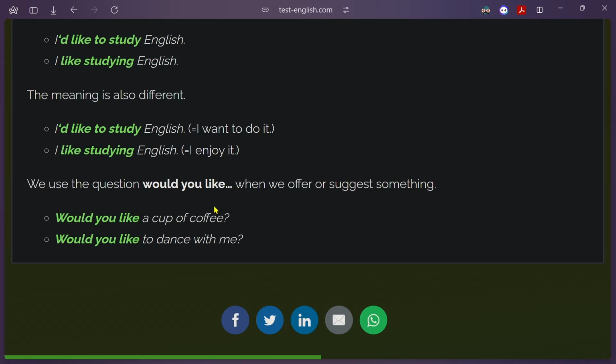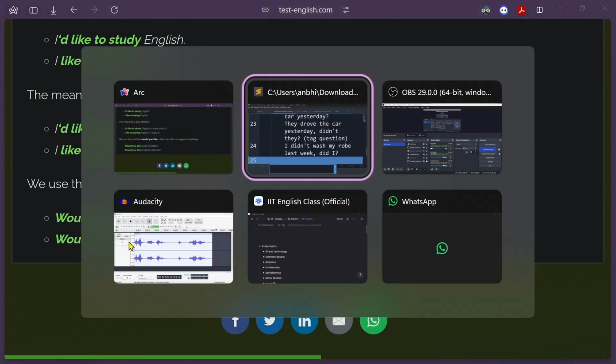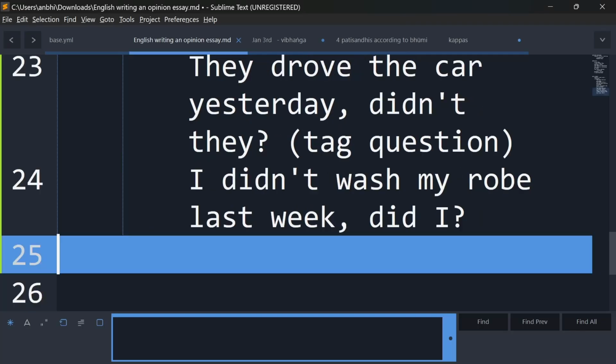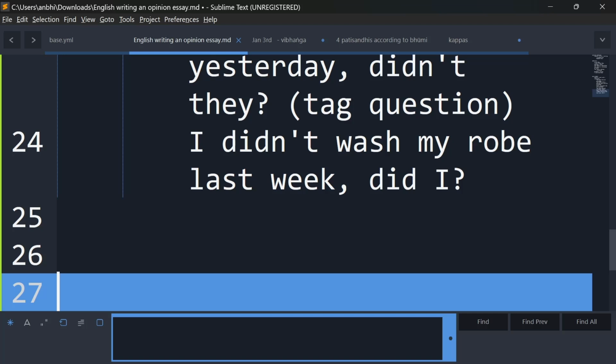We use the question would you like when we offer or suggest something. Would you like a cup of coffee? Would you like to dance? So, if you have would, you use to an infinitive. This is more or less the rule, you see? So let's make a summary.